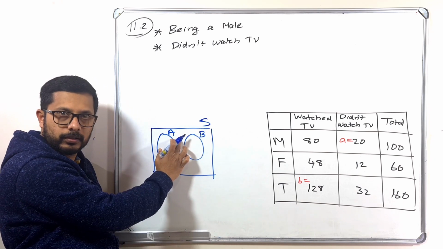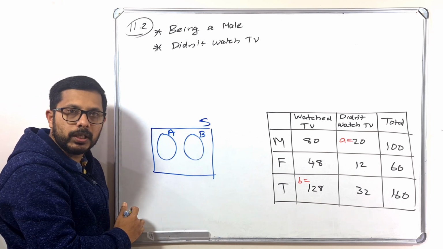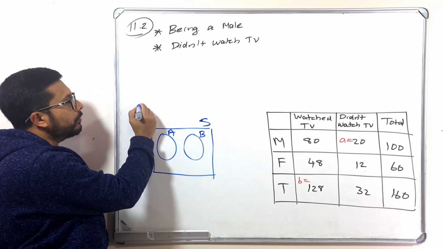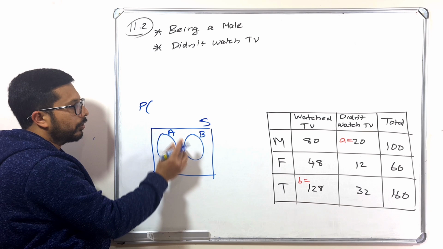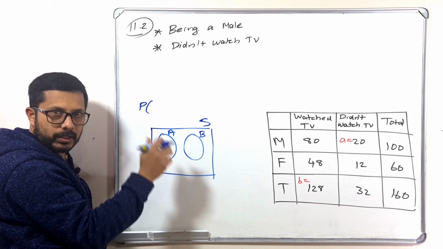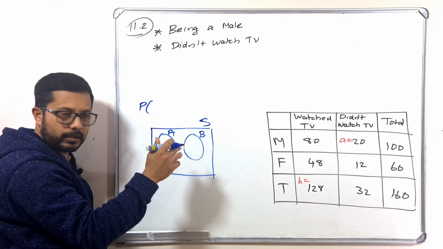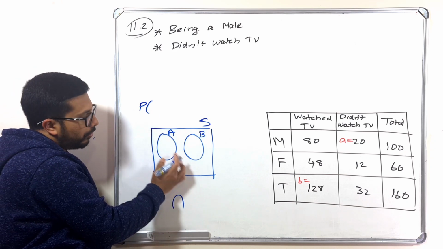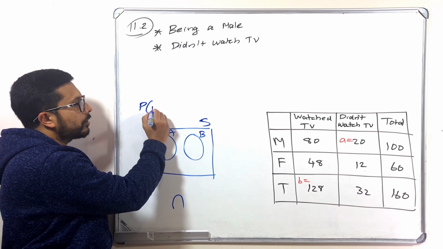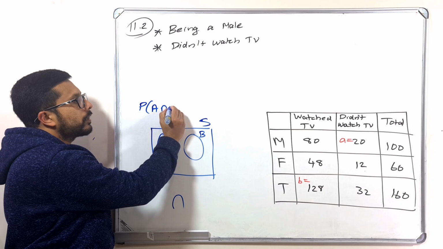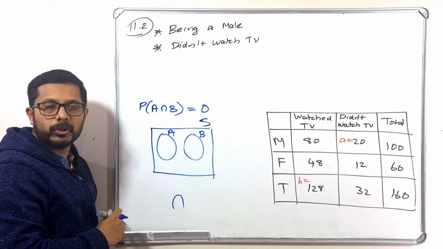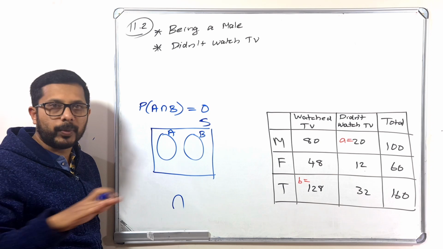In that case, the probability of the common part, the intersection, is 0. So the probability of A intersection B is supposed to be 0 because there is nothing common.